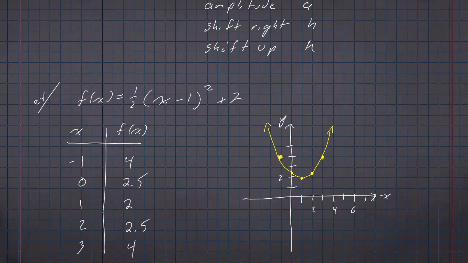Two features that I've implicitly talked about here, but we haven't really looked at, are the axis of symmetry and the vertex.